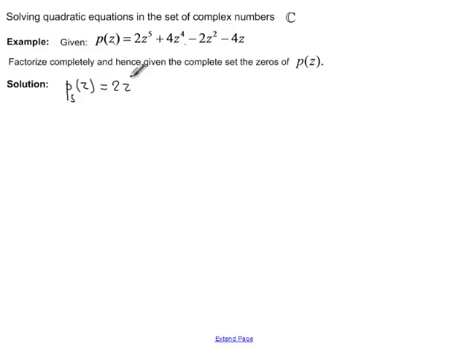Then 2z power 5 plus 4z power 4 minus 2z power 2. Let me include one term here which is not obvious in the expression. Then we say plus 0z power 3 minus 2z power 2 minus 4z.